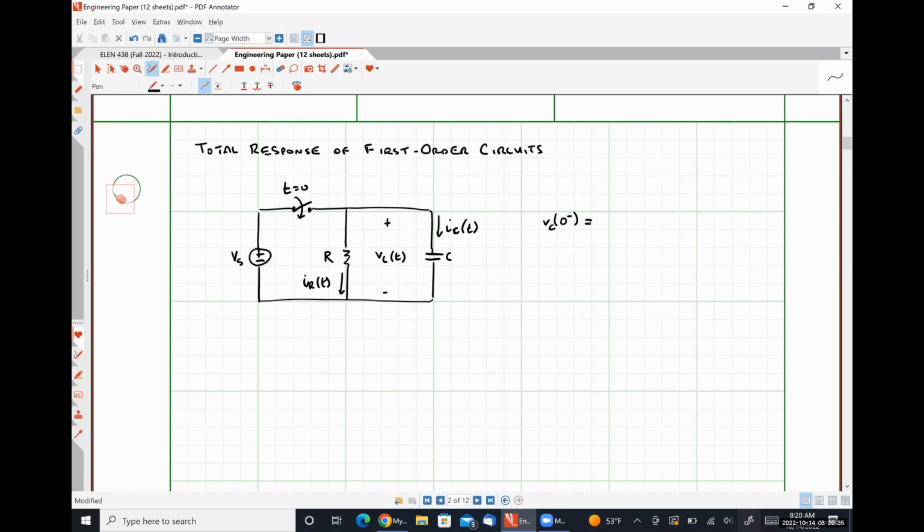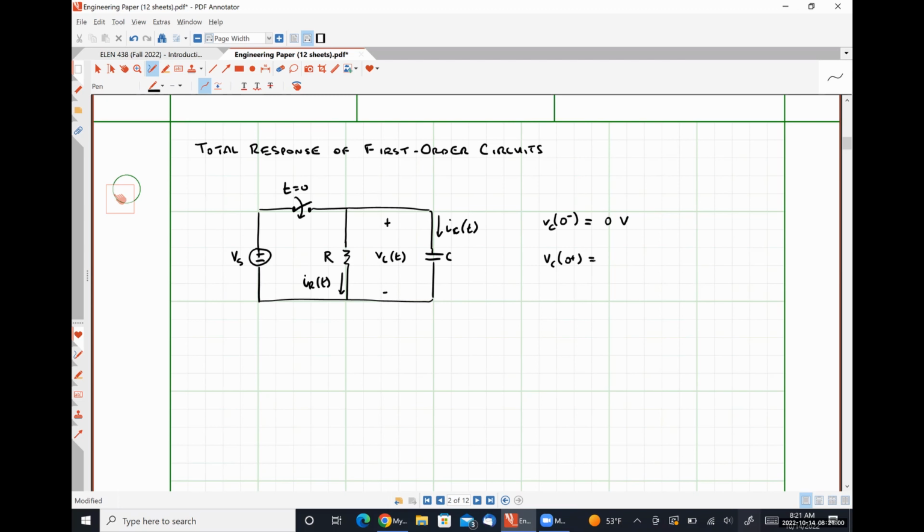What about VC at 0 plus? So you said 0 or VS. Which of the two is it? 0. Why is it 0?